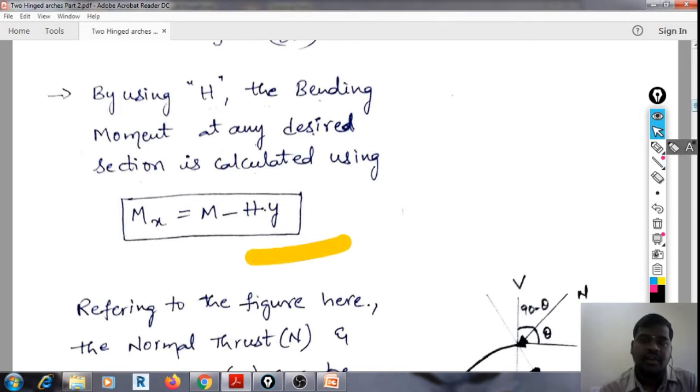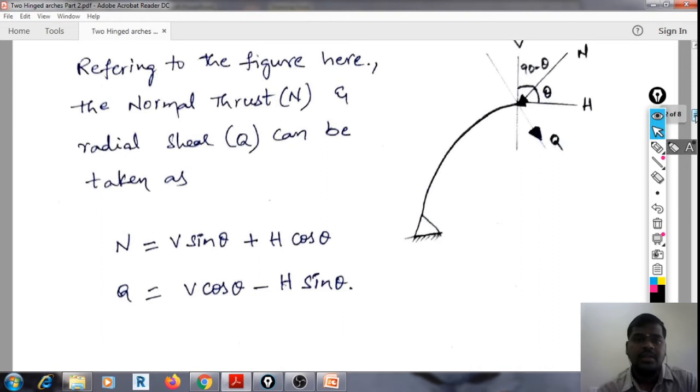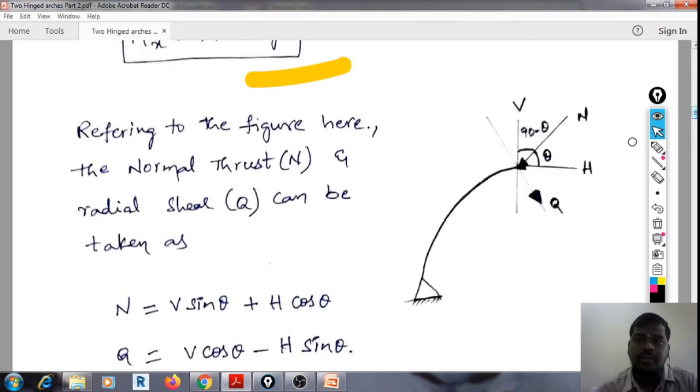So referring to the figure, the normal thrust and radial shear can be taken. If you consider any point P here, this Q is called as radial shear and N is called as normal thrust. These two are the reactions at any point in an arch.